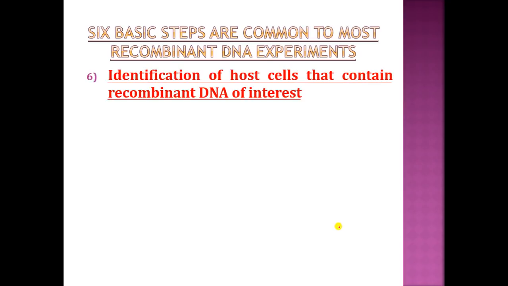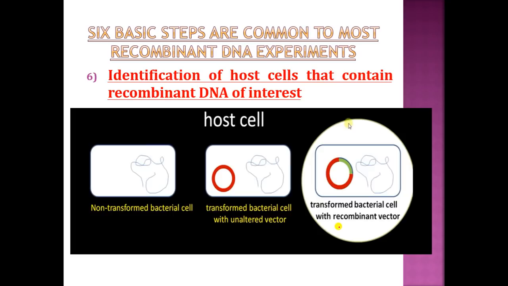Now, the identification of host cells that contain recombinant DNA of interest. This is a very important step. Here, we have developed our chimeric DNA or the recombinant DNA, that is a vector carrying our gene of interest.